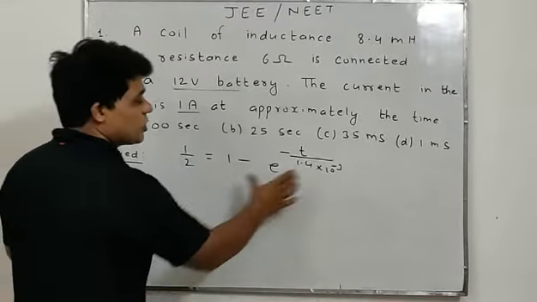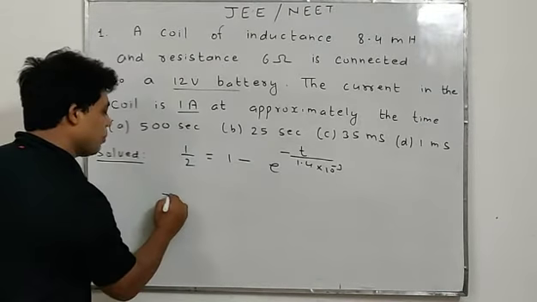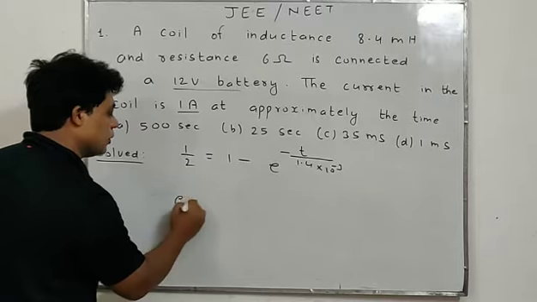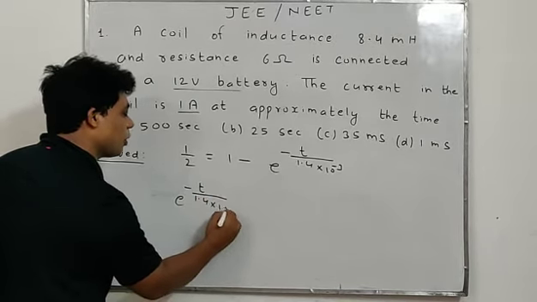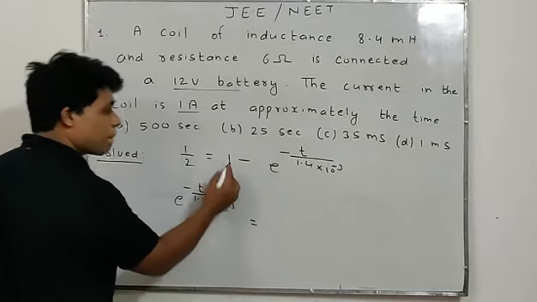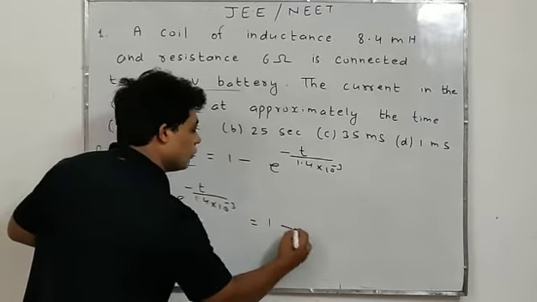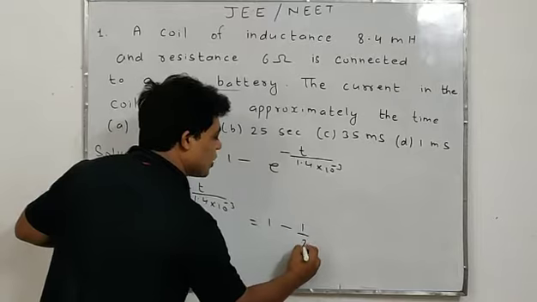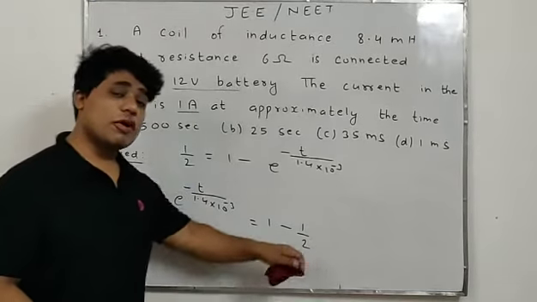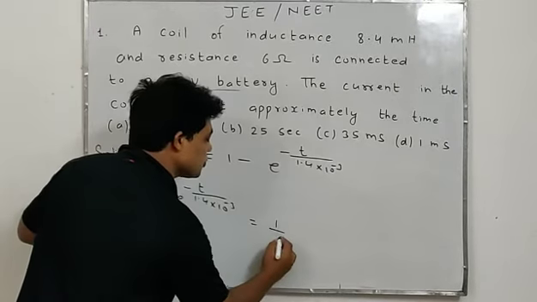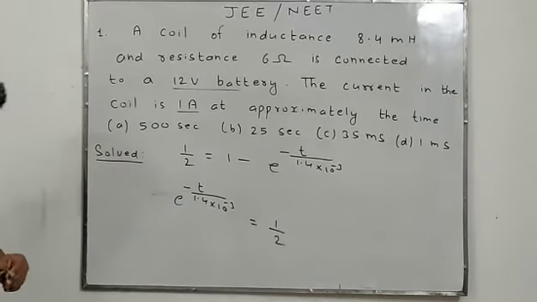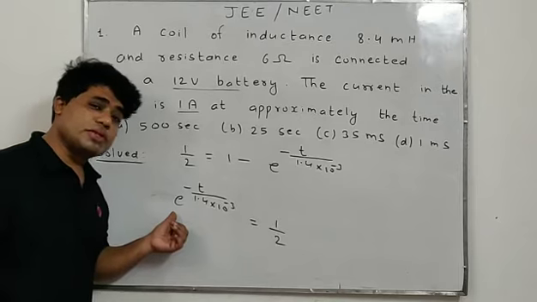Transfer this term to the other side, it becomes plus e power minus t by 1.4 into 10 to the power minus 3. When we transfer half to that side it is minus half. 1 minus half we can write as half. Understood, students?